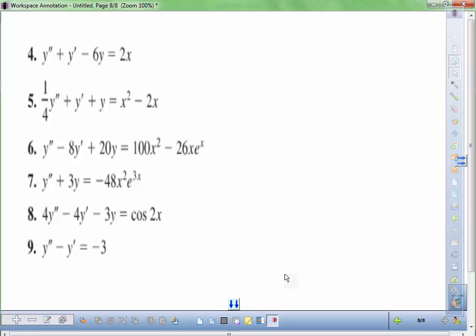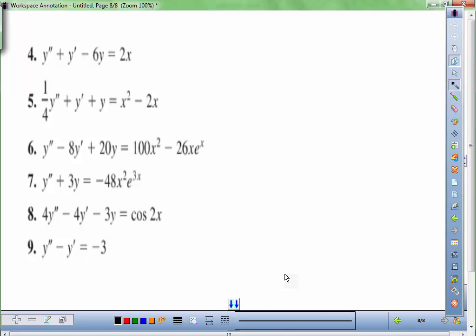Just look at the right-hand side of the equation, which is what we need to focus on. So for the first one, what should your yp equal to? Ax? I'd say close.